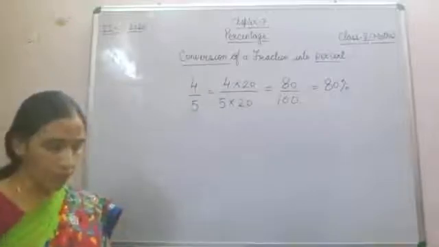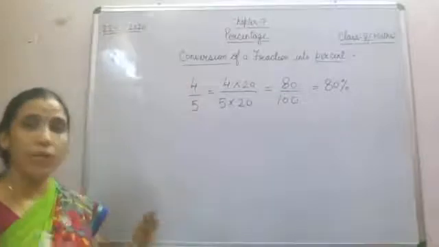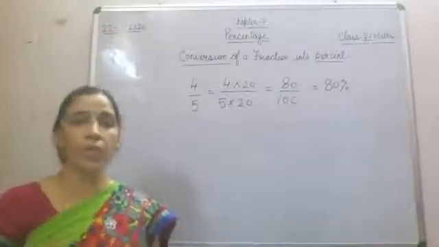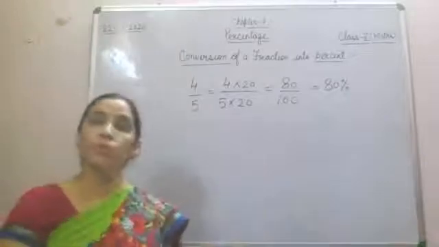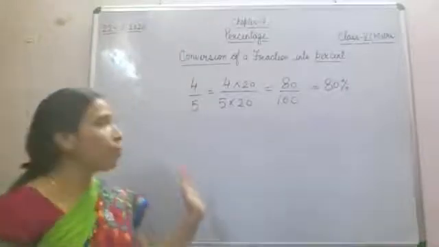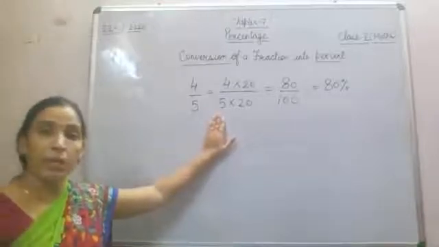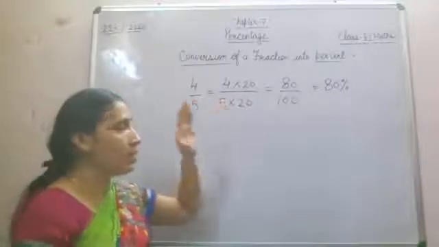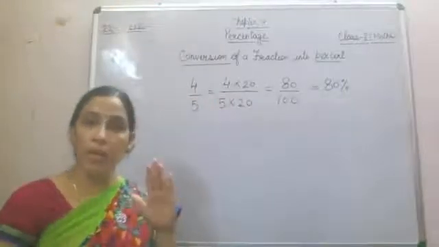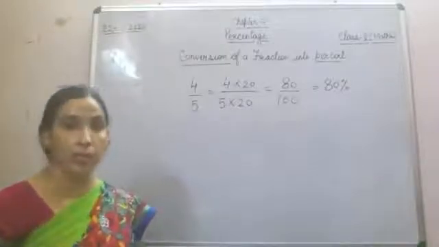Fine. So what we have done is, you have been given a fraction 4 by 5. Now you are supposed to change the given denominator, which is 5, into 100. So by which number will we multiply 5 so that it becomes 100? And what is the next thing? Whichever number you multiply in the denominator, the same number you multiply in the numerator.